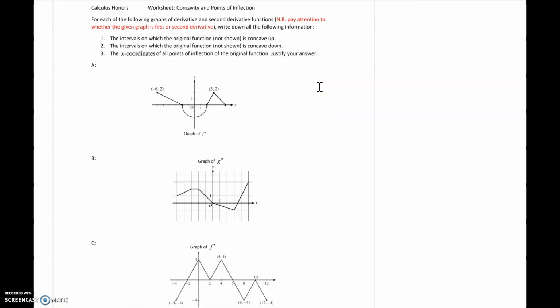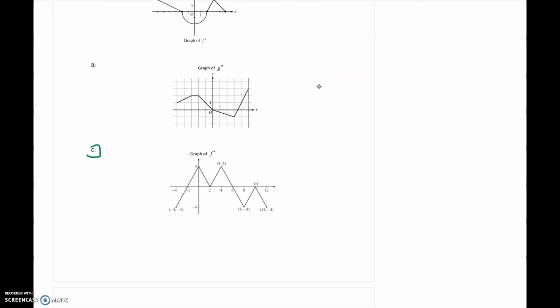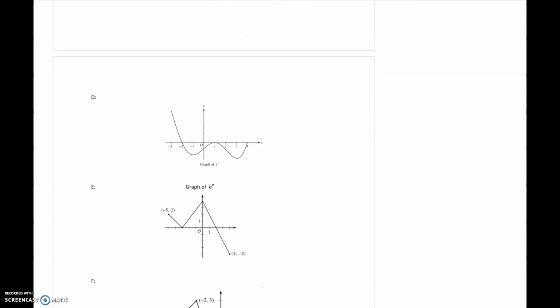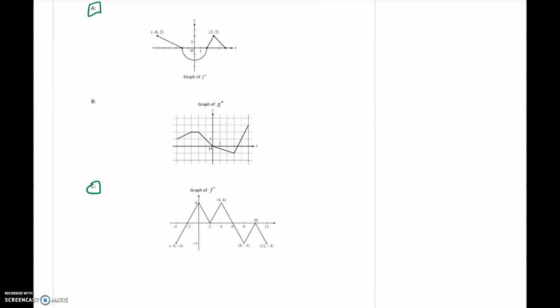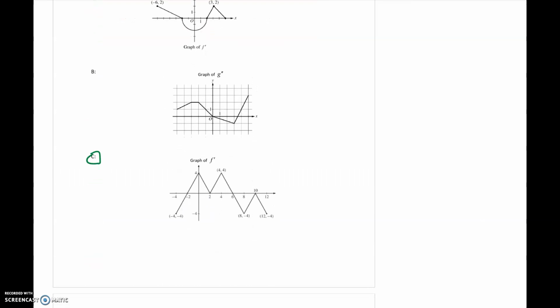And what I want you to do on this question are A, C, and D. Okay, those are all first derivatives. The other three are second derivatives, so we can't do them yet. So A, C, and D, that'll be your homework. That will be due on Friday morning, before 8 o'clock on Friday morning.